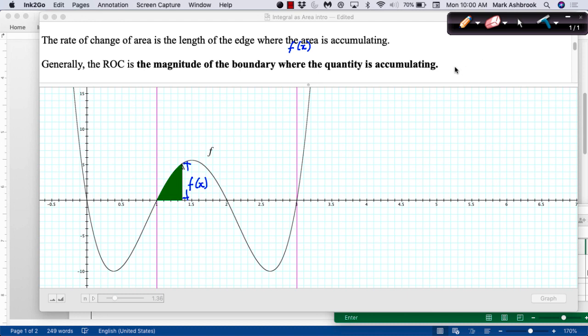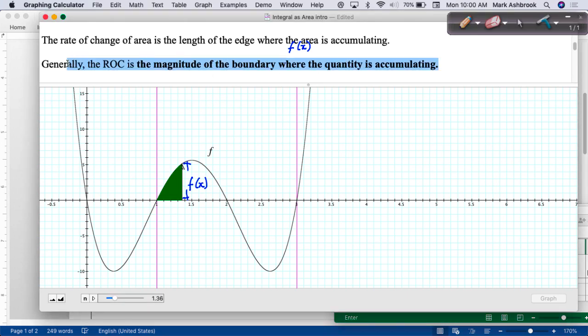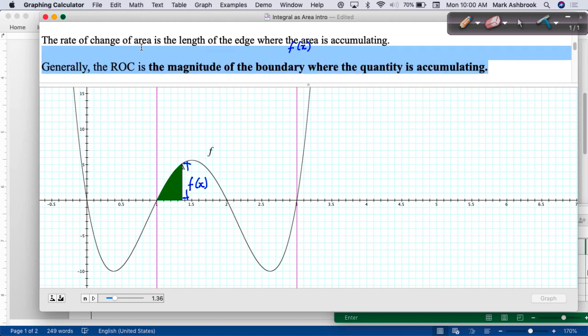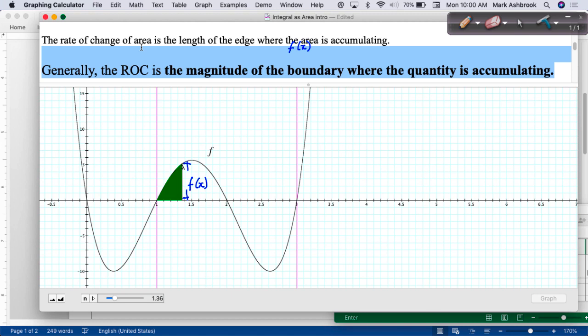Maybe I need to make this bigger. This is going to come back. Even when we're done with area, we're going to see it again. If I could highlight it, maybe. The rate of change in these geometric applications, area, volume, surface area, arc length, is the magnitude of the boundary at the place where that quantity is accumulating.